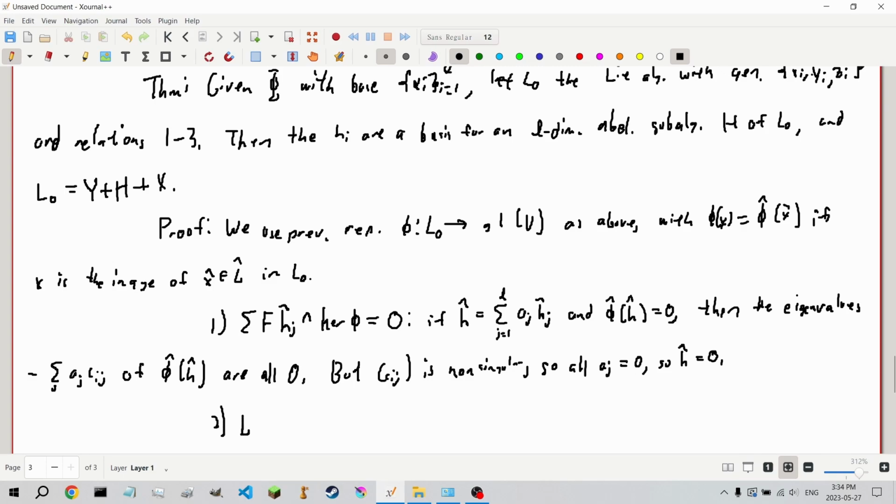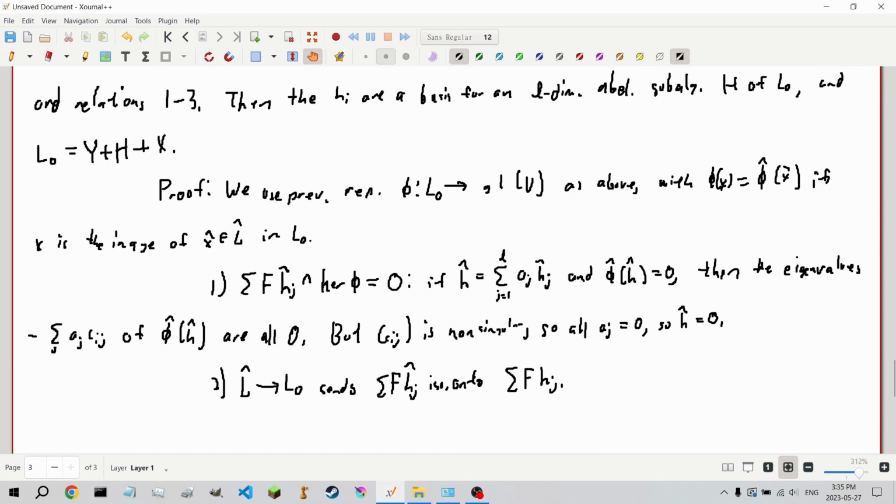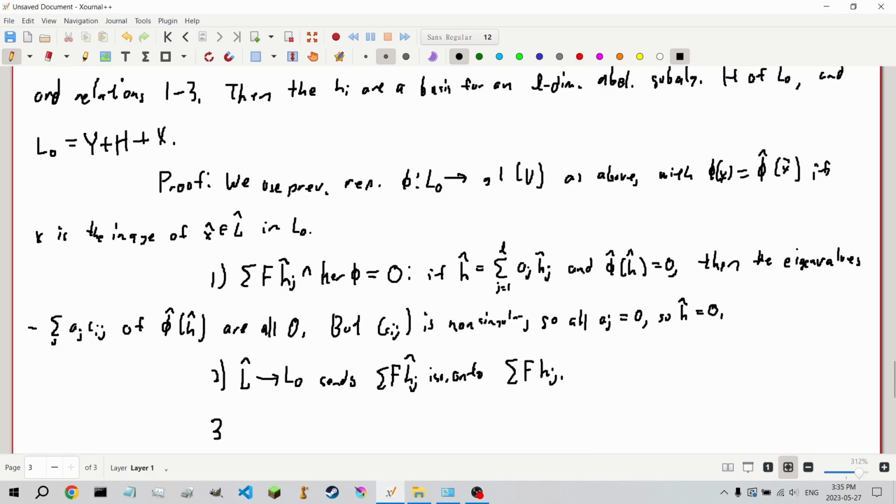The canonical map from L hat to L naught sends the sum of F h hat j isomorphically onto the sum of F times h of j, and this is just immediate, given that the intersection with the kernel is 0.